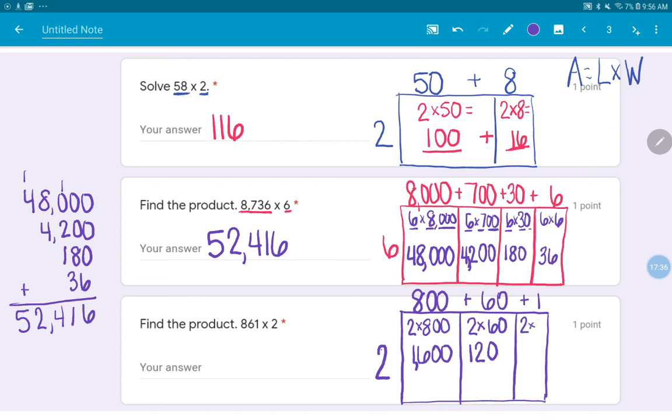And then 2 times 1 is 2. And I just have to add them together. 1,600 plus 120 plus 2. 0 plus 0 plus 2 is 2. 0 plus 2 is 2. 6 plus 1 is 7. And 1 plus 0 is 1. So our answer is 1,722.